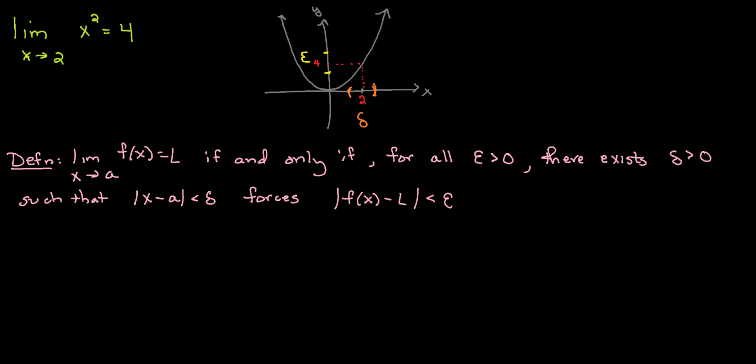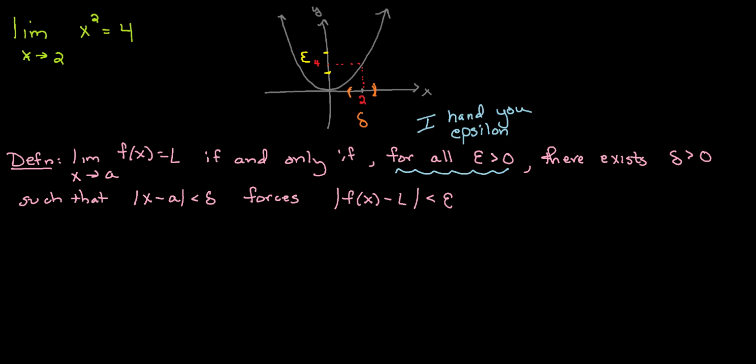So this limit notation means that for all epsilon, so let's play a game. When I say for all epsilon, what I mean is I'm going to hand you an epsilon. This is the game we're going to play.